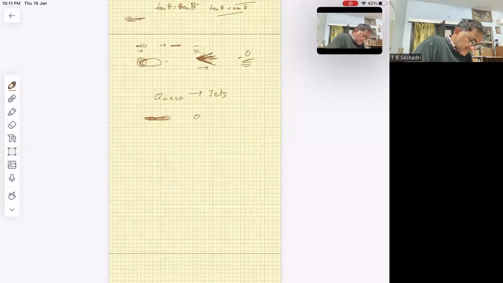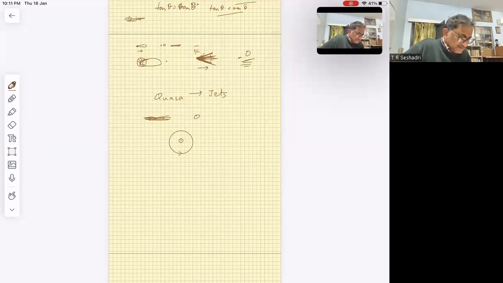In it you have a magnetic field and a charged particle going around at a high speed. Now, suppose an observer is over here. Suppose the particle is going at a very high speed. The total energy has to remain conserved.